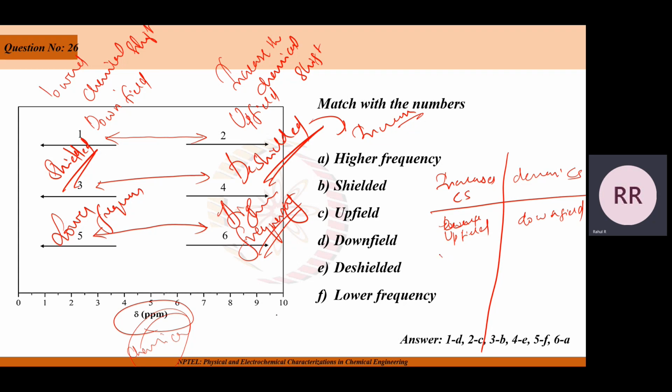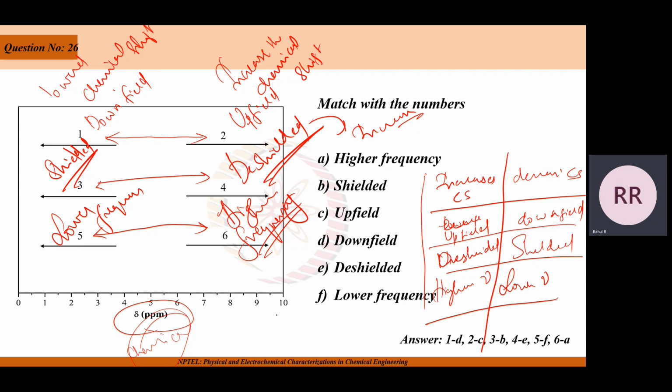The deshielded effect increases the chemical shift, whereas shielded decreases it. Higher frequency increases the chemical shift, whereas lower frequency decreases it. So these are the things that have an effect on the value of chemical shift that we observe for a sample when we do NMR spectroscopy.